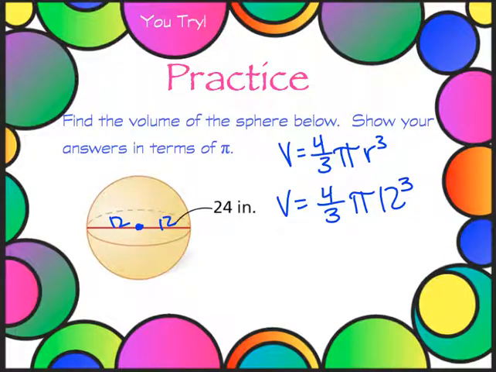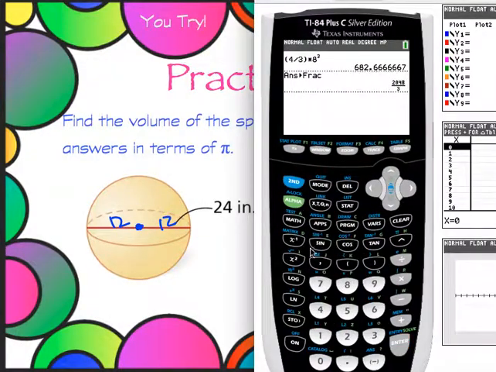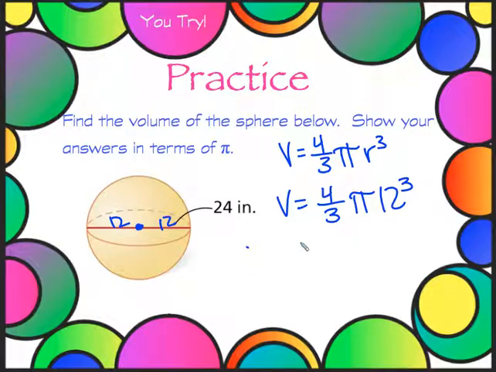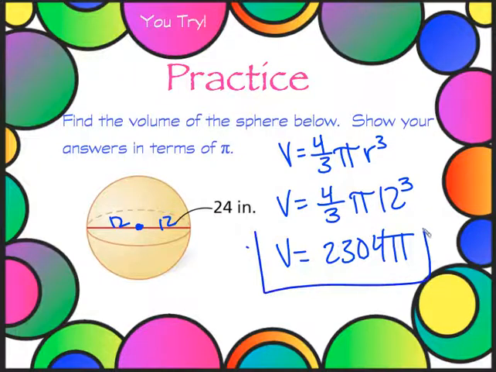So I'm going to do this all in one step. Let's just go 4/3 times 12 cubed. So you get 2304. So volume equals 2304. Don't forget your pi. And that's all there is to it.